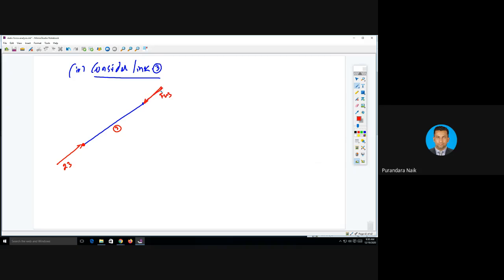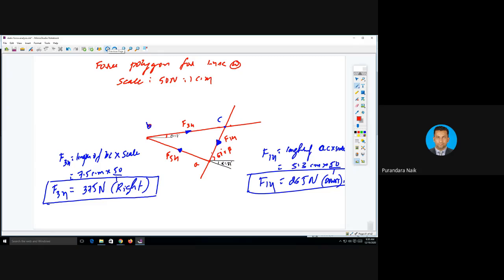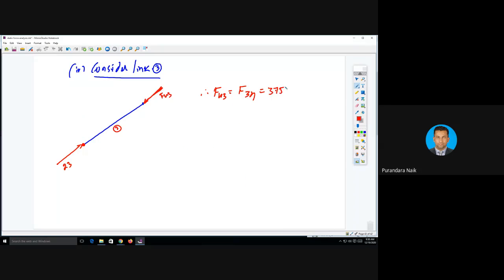So F43 is equal to F34, which is 375 Newton. F34 is towards right, so F43 is towards left.